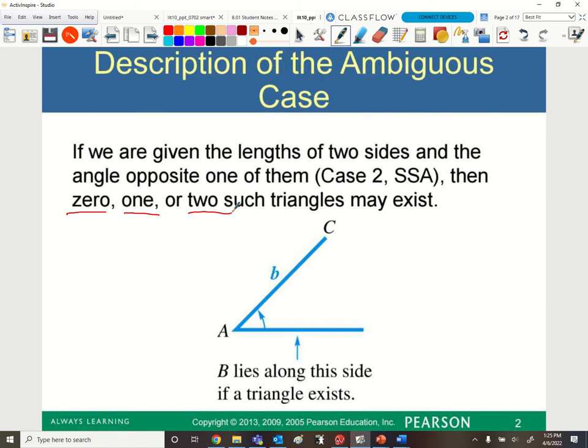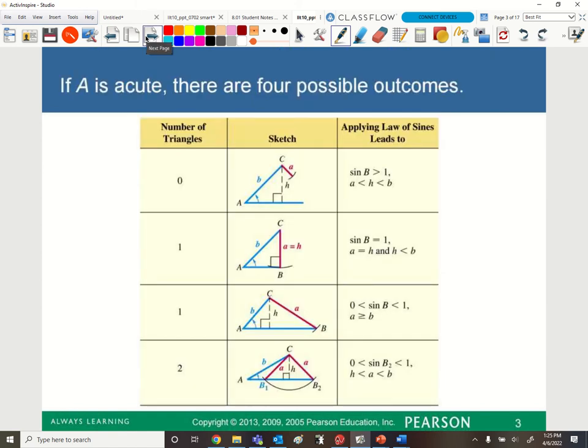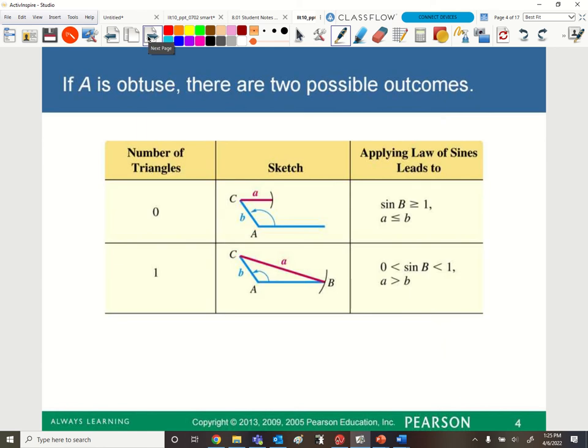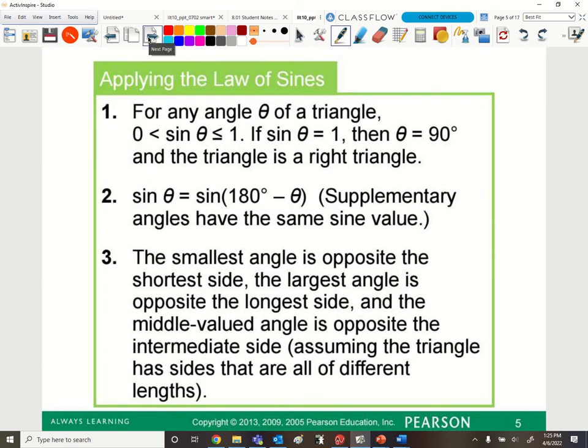It's possible that it can make a triangle, but it's also possible that it doesn't. And that's what we're going to be dealing with here. Blah, blah, blah. There's good reasoning.